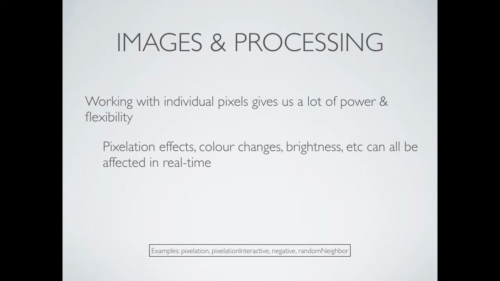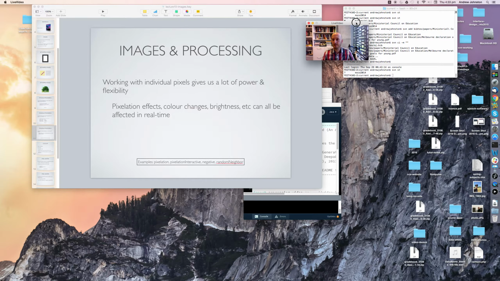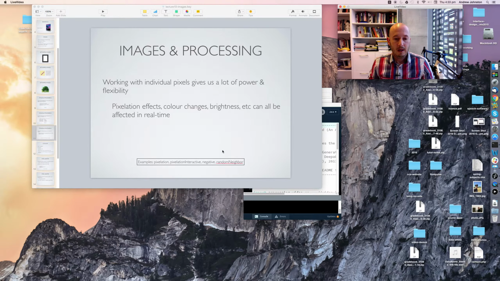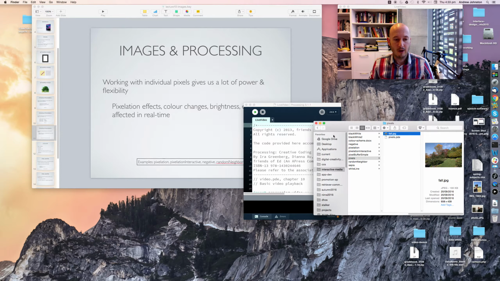So pixelation effects, color changes, changing an image from color to black and white, adjusting the contrast or the brightness, all this kind of stuff you can do in Processing too, and you can do it in real time, and you can do it in response to user actions. So let's show you a few examples of how we might go about doing that.